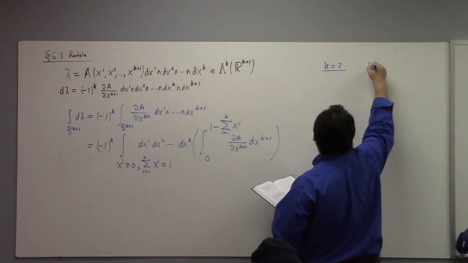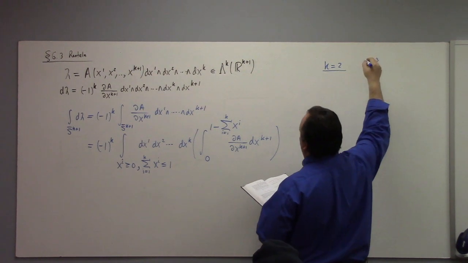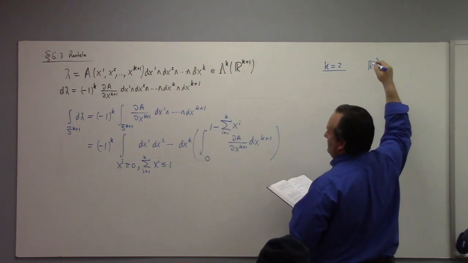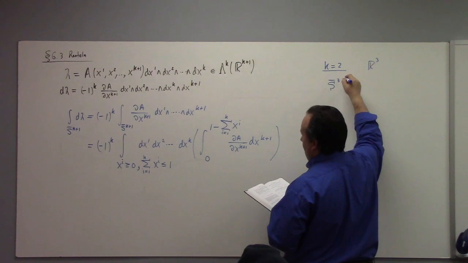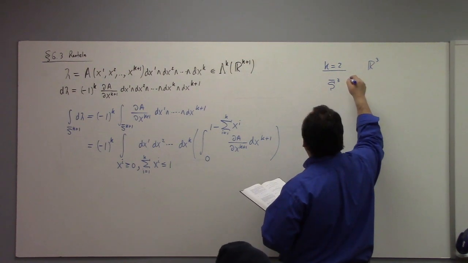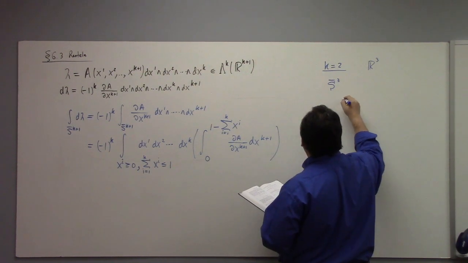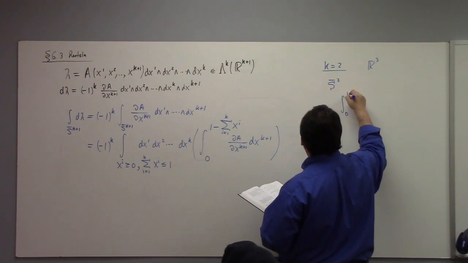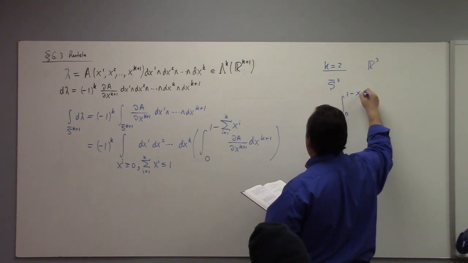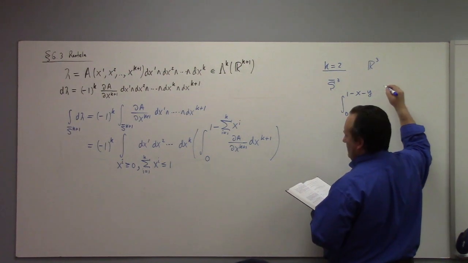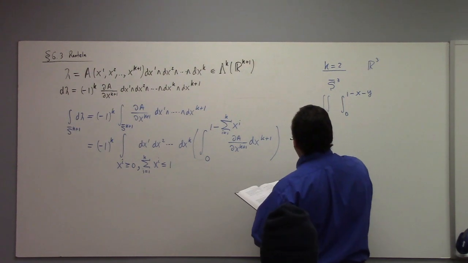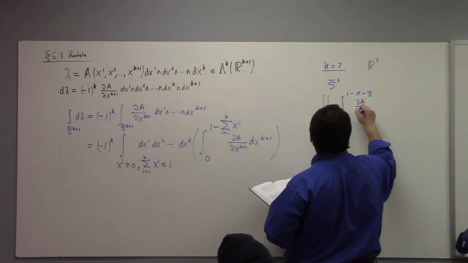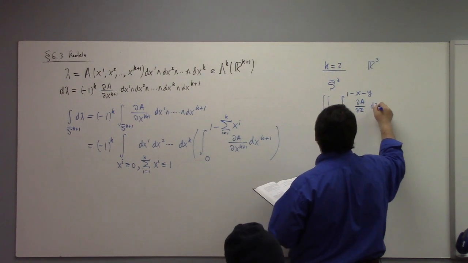So that would be R3, right? We'd be looking inside R3. So we're saying integral 0 to 1 minus x minus y, integral partial a partial z dz.